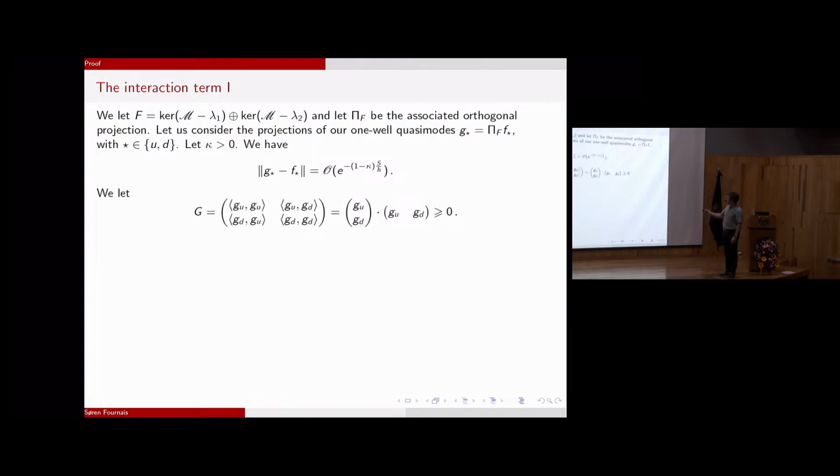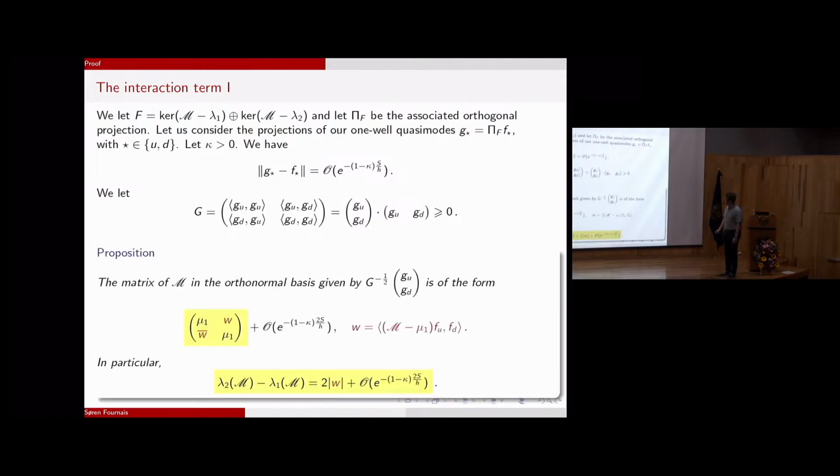Okay, once you have projected there, then you do the usual Gram-Schmidt orthogonalization, and a small calculation will tell you that once you have gone to that basis, the true splitting is given by the eigenvalues of this 2x2 matrix. But this 2x2 matrix that you have constructed has an off-diagonal term, and so once you diagonalize it, the off-diagonal terms change the eigenvalues a little bit.